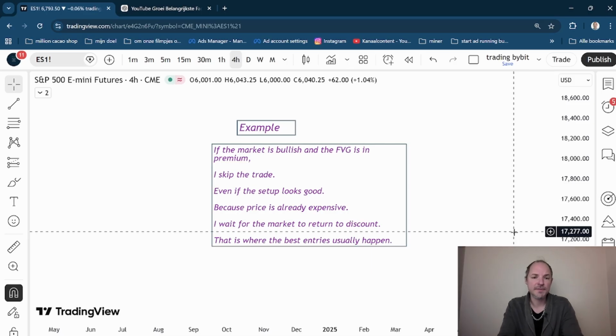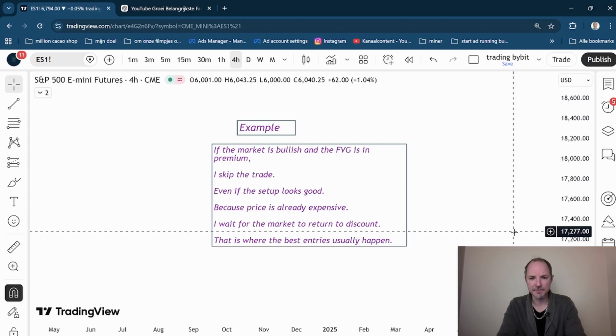We do not trade that because the price is too expensive to actually take the trade, and the risk is much greater if you do not see the liquidity where the market is drawn to. So it's best to skip it. That prevents you from taking an unnecessary loss, even if the setup looks good, because the price is already way too expensive.